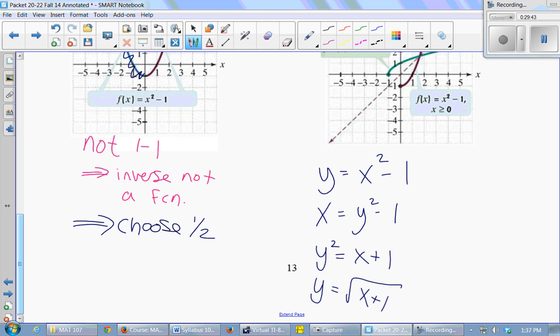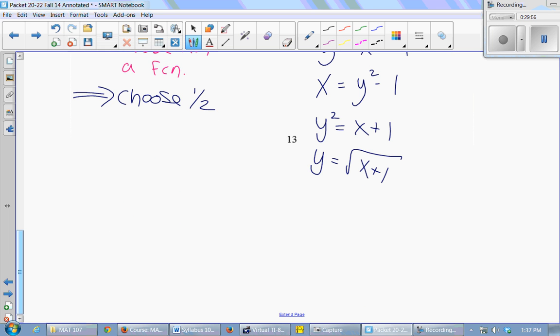If I had an input of x and I got a positive and a negative output, not a function. So I'm just going to use the positive one because of how I restricted the domain. So f inverse of x is equal to the square root of x plus 1.